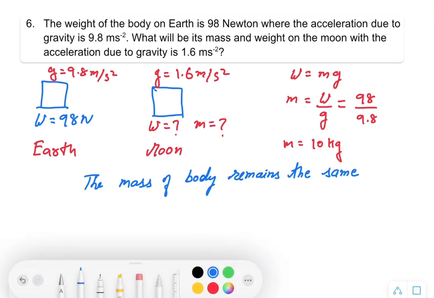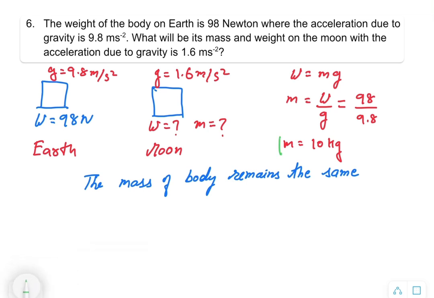Okay, so our first answer is m equal to 10 kilograms on moon also. Now let us find the weight on moon. Weight will definitely change because the value of g is less.